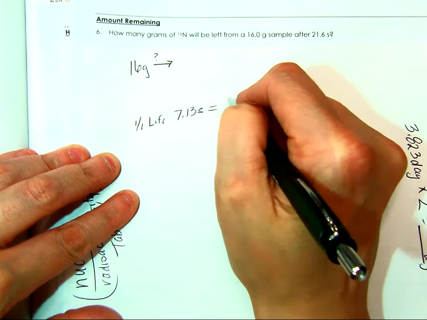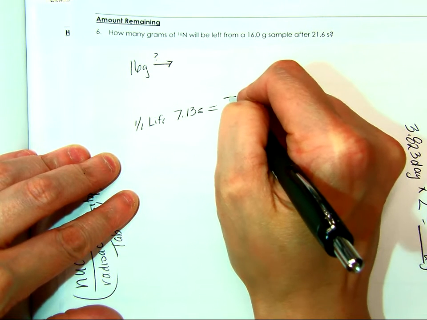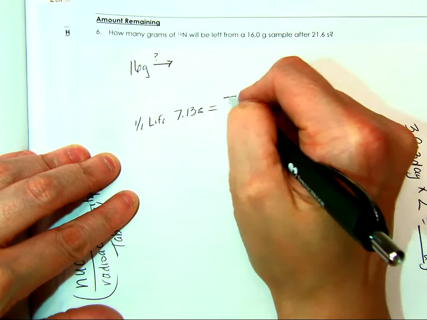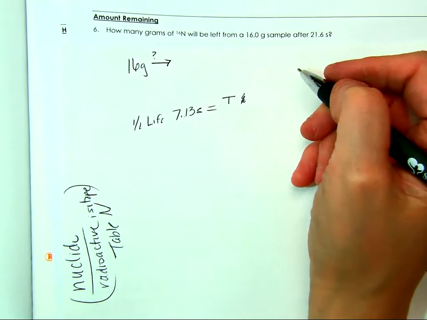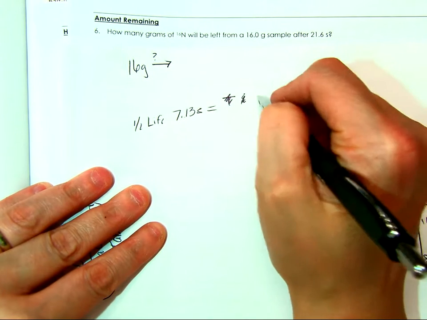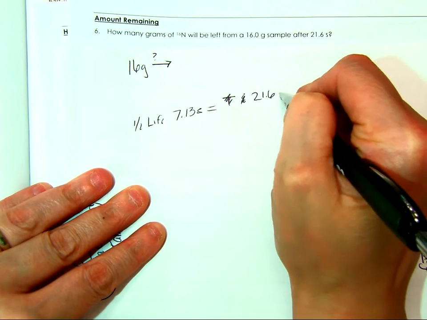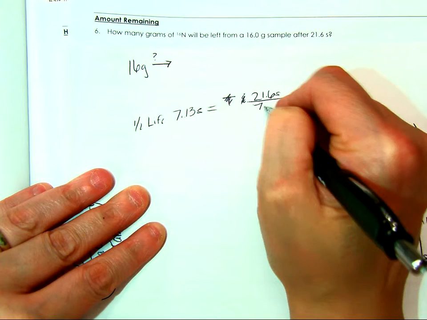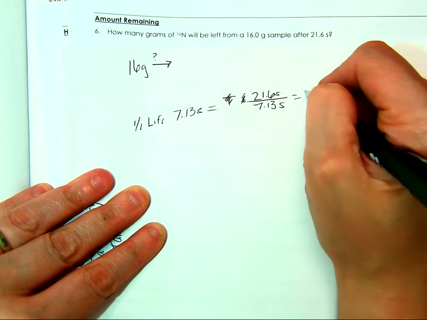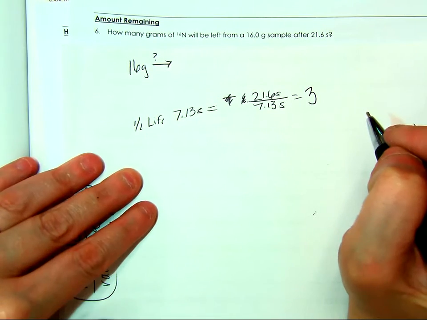I did that by taking the little t, which is the total time elapsed, which is 21.6 seconds, over the big T, 7.13 seconds. And that's going to get me the number of half-lives, so that's 3.